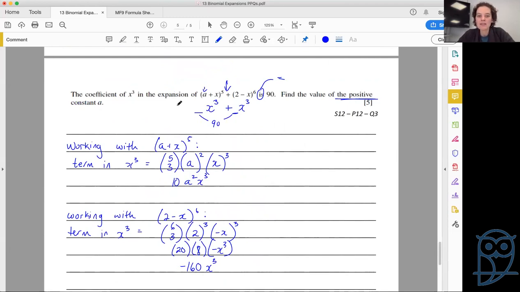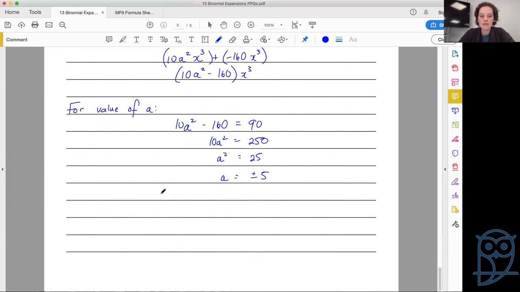Value of the positive constant a, given a is greater than 0. Therefore, a equals 5. So we take our square root, we get our two answers like a proper calculation, but then we use the information in the question to restrict our answers to give the single value that they've asked for at the end of the day.